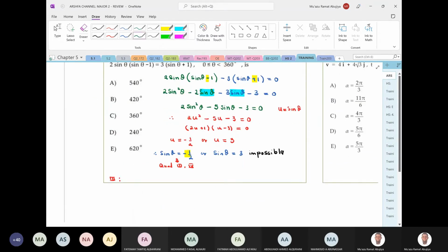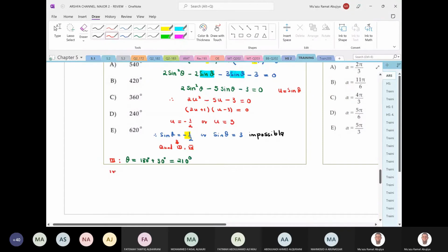So that means our theta is going to be equal to, in quadrant number 3, we say 180 degree plus 30 degree, which is going to be equal to 210 degrees. How about quadrant number 4? In quadrant number 4, we say theta will be equal to 360 degree minus 30 degree, and that is going to be equal to 330 degree.